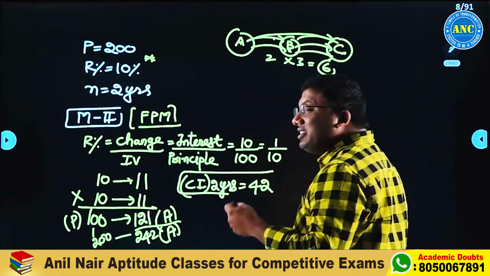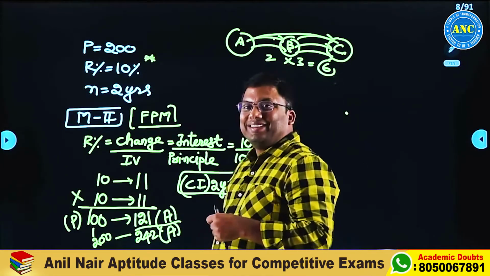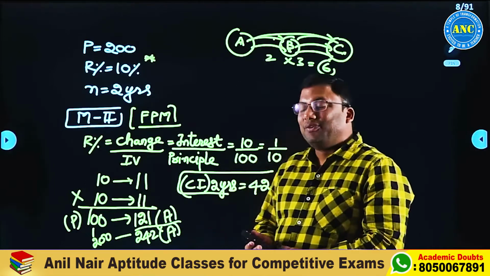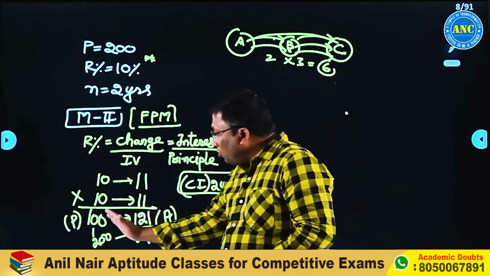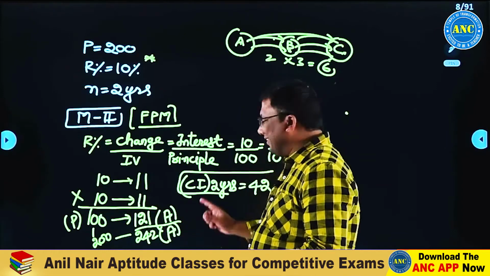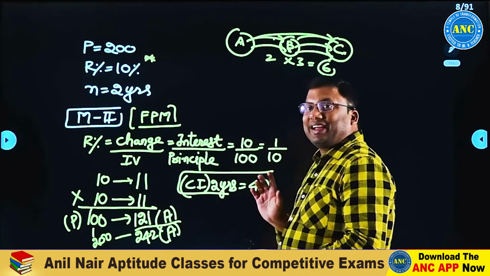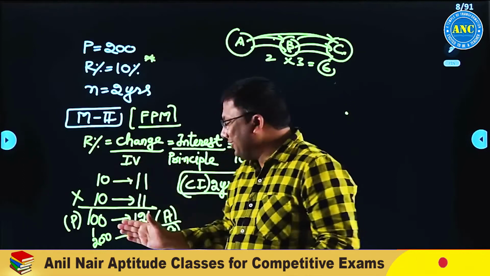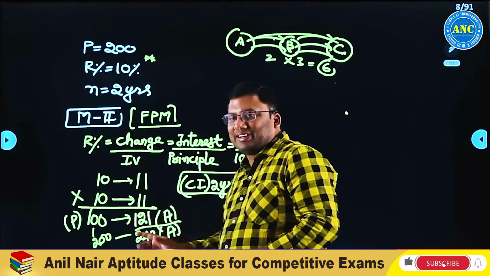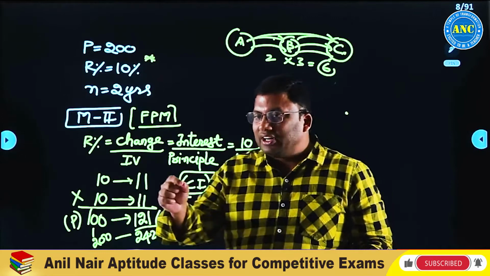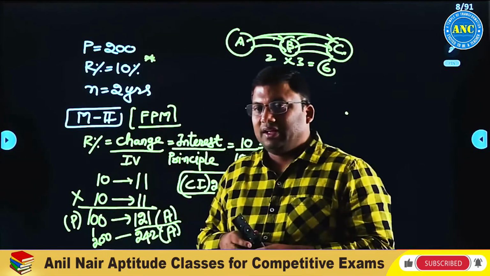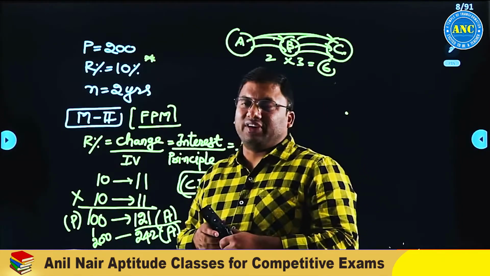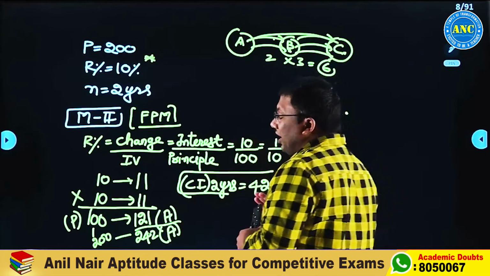So what is the drawback with this method? The total interest can be calculated. Particular year rate of interest you will not get. Total interest you will get. Please write down. Method 2, drawback: particular year rate of interest cannot be determined.